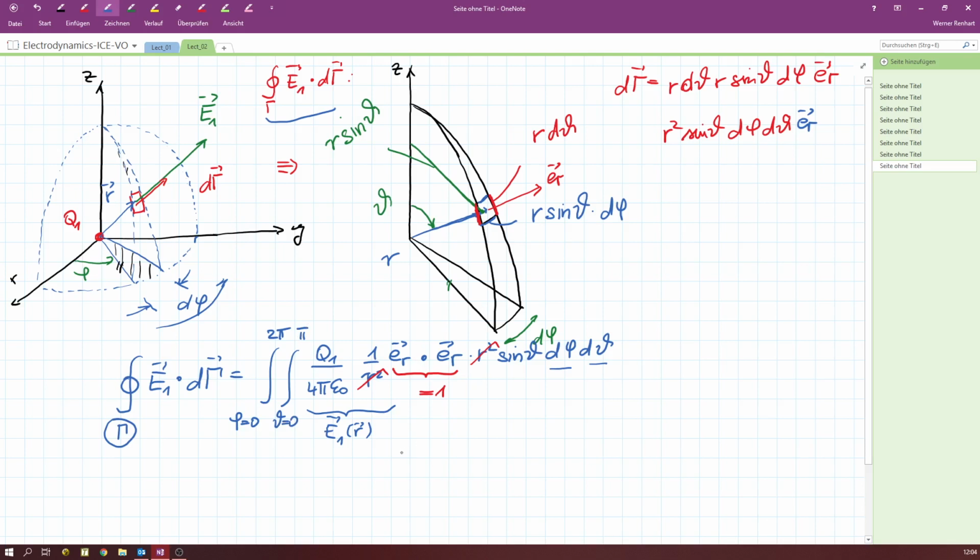Then we have the whole wedge, and that may be summed along all 2 pi phi elements.